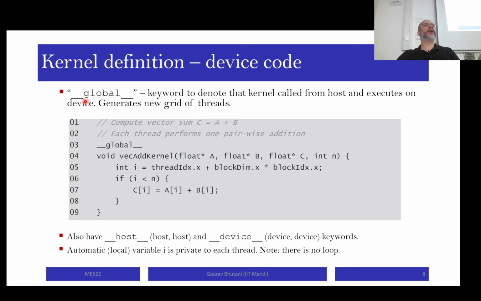Okay, so kernel functions are basically, the host will call it, the CPU, because the code is executing serially on a CPU, and then it calls the function. So the function will be called from the host, and it's a kernel function, so it will execute on the device.